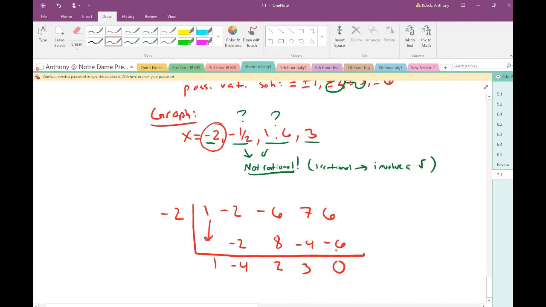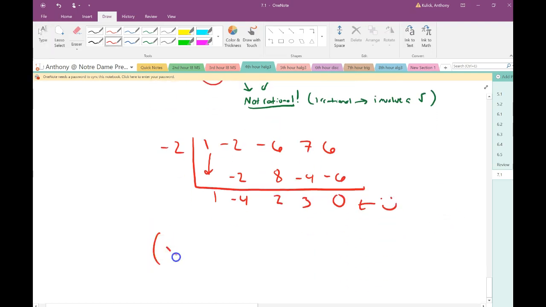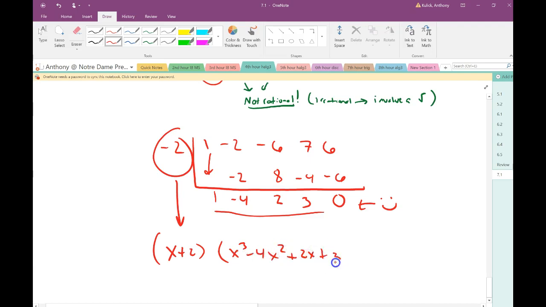Oh, yay! So what I have then is x plus 2. That's this piece, and then x cubed minus 4x squared plus 2x plus 3, that's this piece.